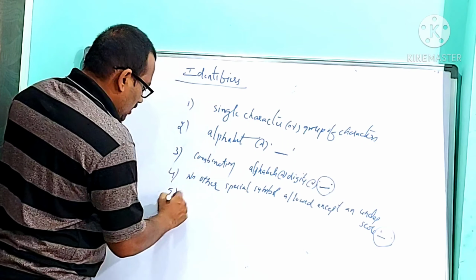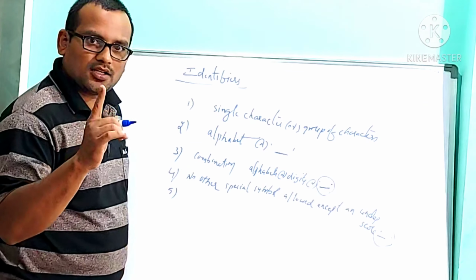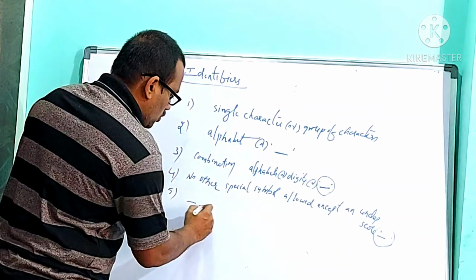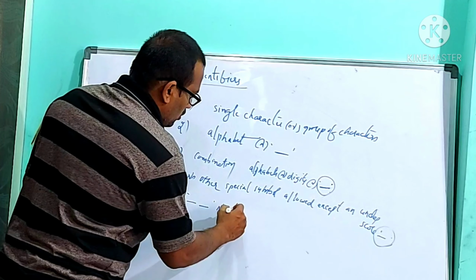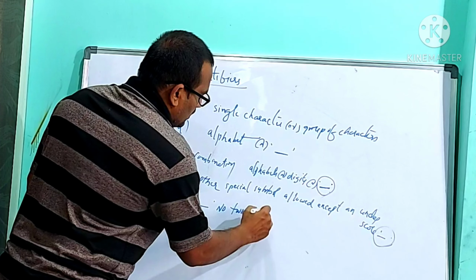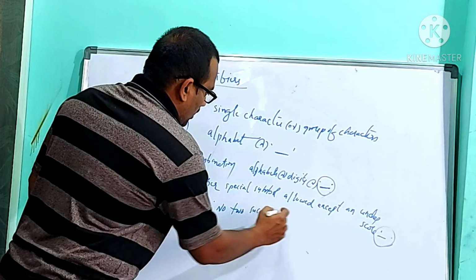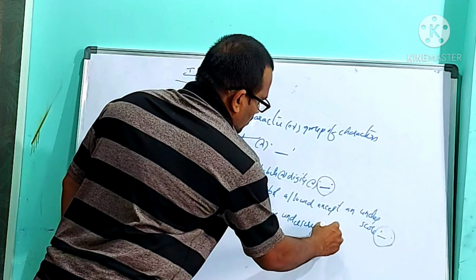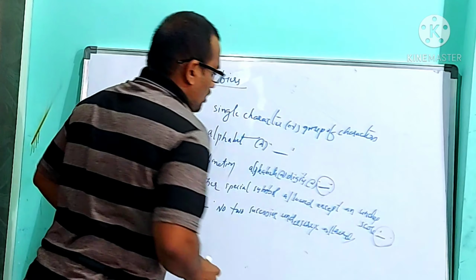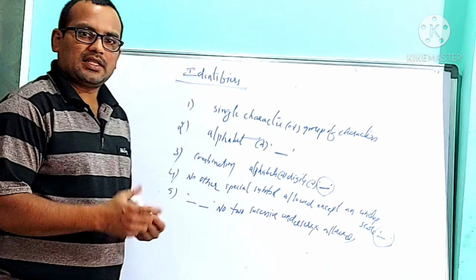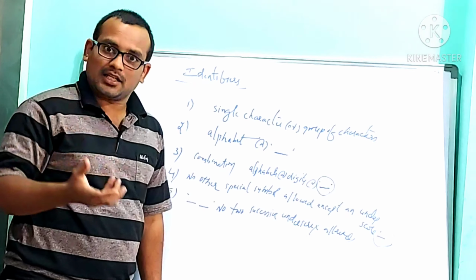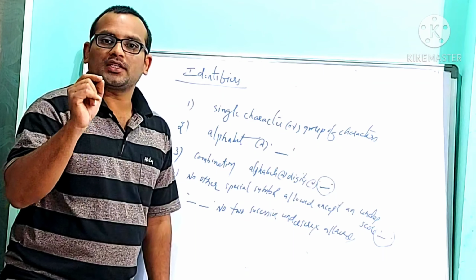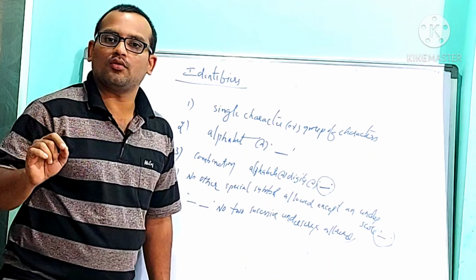Next condition is, you can use underscore, but no two successive underscores are allowed. Yes, you can use underscore as a character while naming an identifier, but no two successive underscores are allowed.